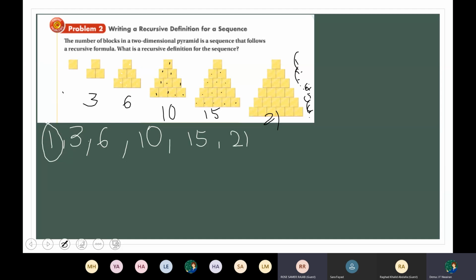So now I need to find the recursive definition or recursive formula. It will be a of n in terms of a of n minus 1. I try to find the relation between the second term and the first term, and the third and the second, and so on.